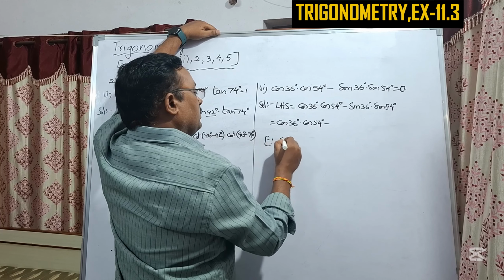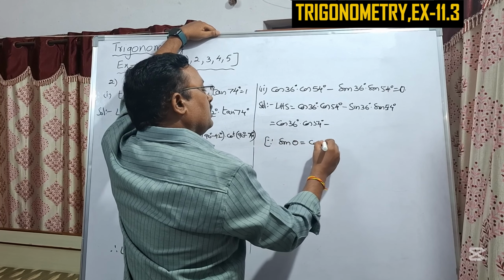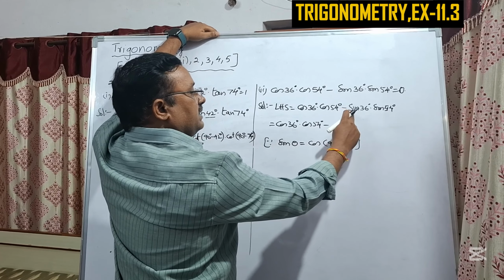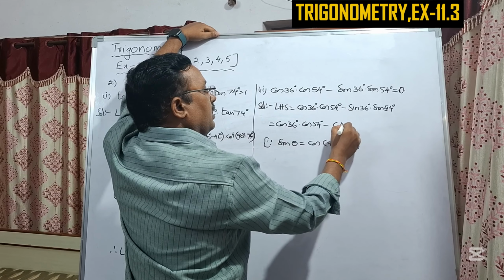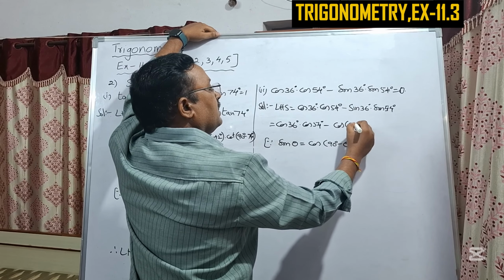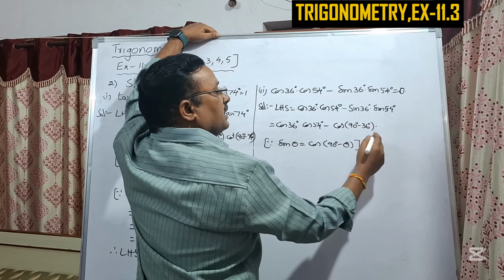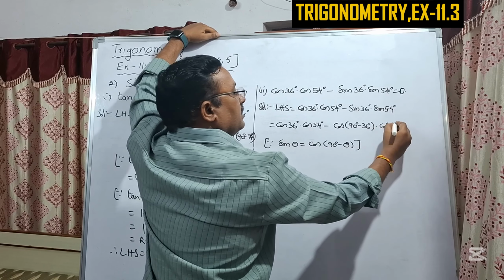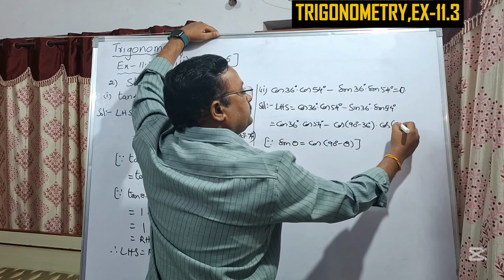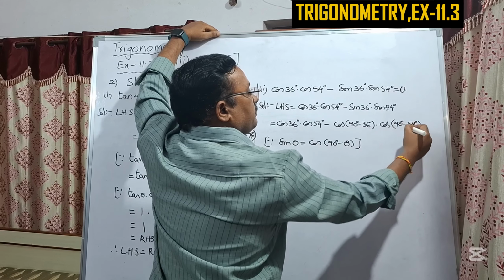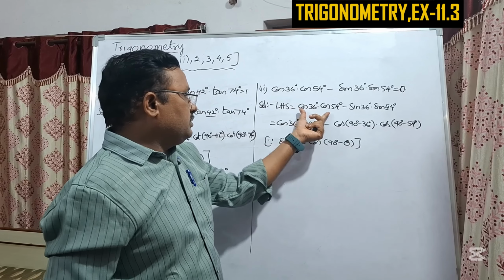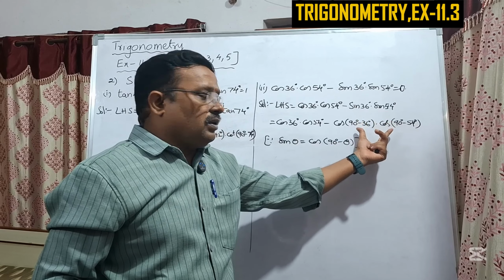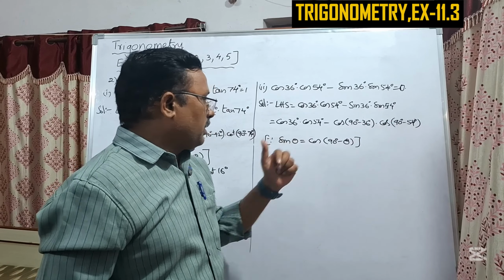We know that sin theta is equal to cos 90 degrees minus theta. Then this will become the complementary function cos with its complementary angle, 90 degrees minus 36 degrees, into this one also the same, cos with 54 degrees' complementary angle, 90 degrees minus 54 degrees. The first two terms I have taken the same, minus the next two terms converted into complementary functions using this property.